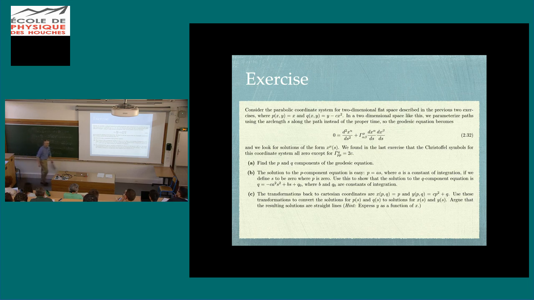What's that tell you? Yeah, it's the equation of a straight line. So what I'm showing is that in this strange PQ coordinate system, we apply the geodesic equation, we get straight lines, which is what we wanted to get. So yes, we're golden. All right?